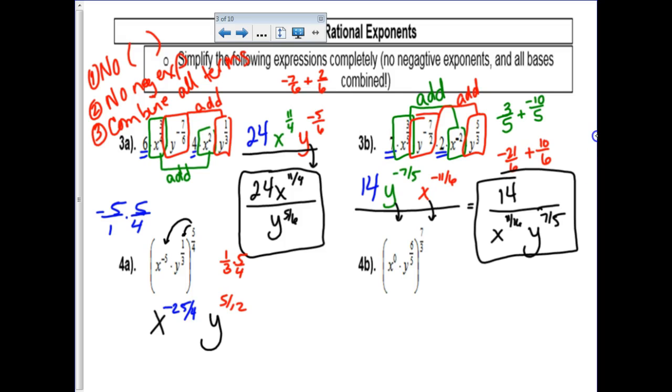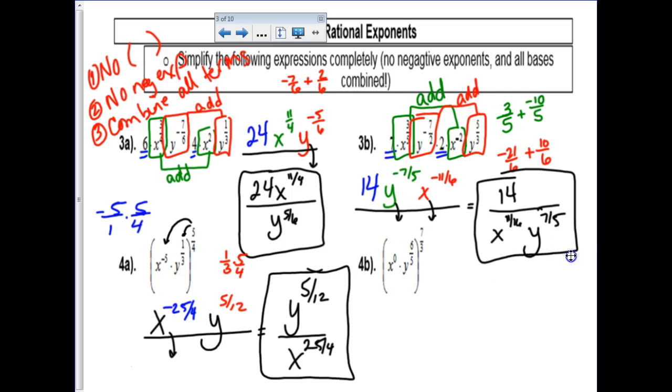And same rules as before, guys. We cannot have negative exponents in our final answer, so the negative exponent term will move. So y to the 5/12 stays up in the numerator, and now you have x to the 25 fourths in the denominator. This is also my plug for making sure that your exponents are up top in the superscript, and they should be kind of small in relative size to the bases.